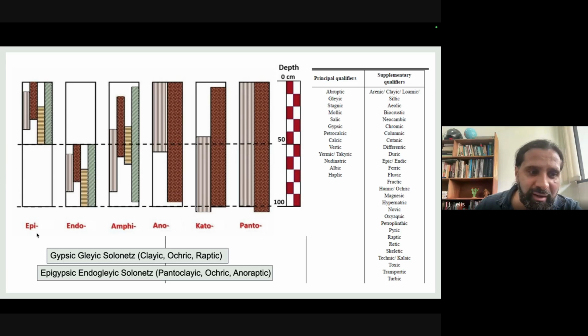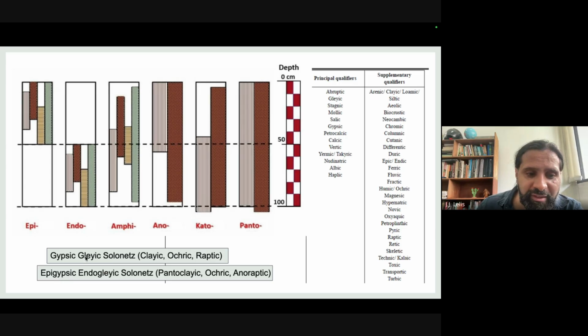So we add the prefix epi. So for example, let's say that we have gypsic properties between the soil surface and 50 centimeters. So we just add epi-gypsic.